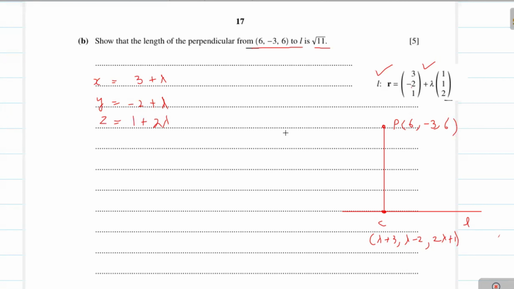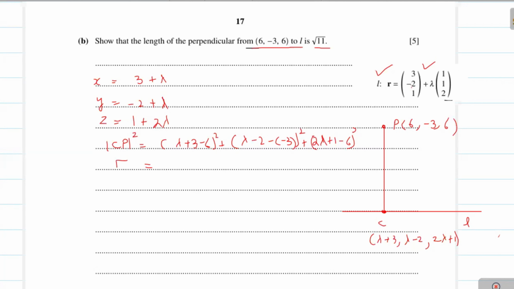Now we take the distance between CP, and this distance CP will be equal to (lambda plus 3 minus 6) whole square plus (lambda minus 2 minus 3) whole square plus (2 lambda plus 1 minus 6) whole square.